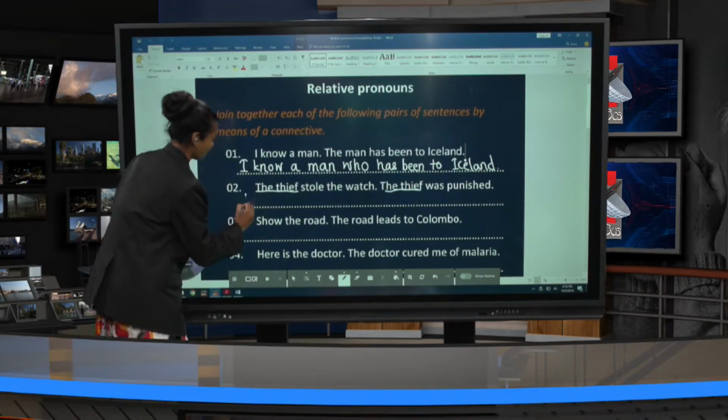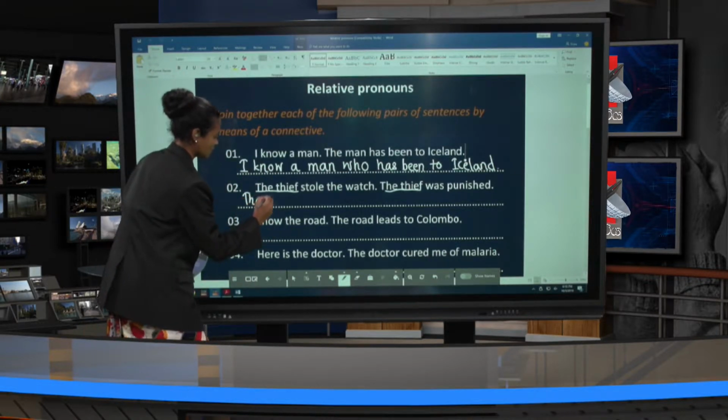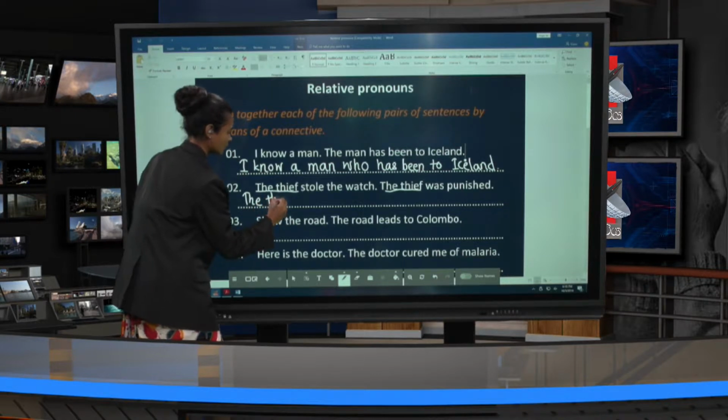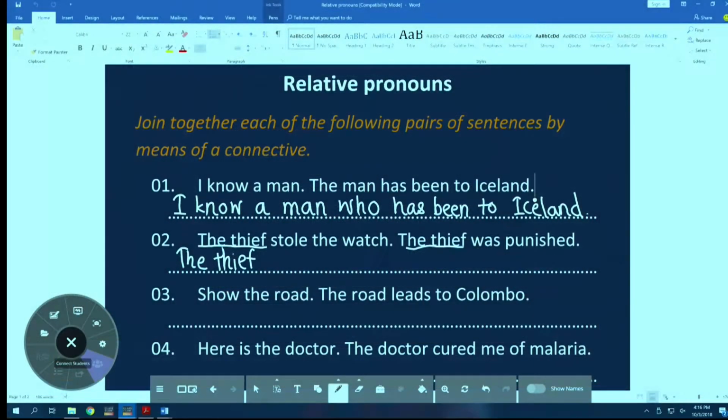The thief who stole the watch. What happened? Was punished.